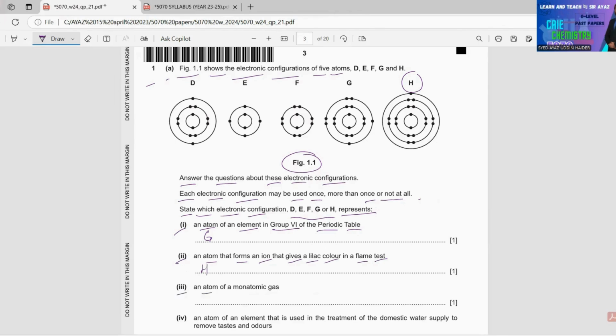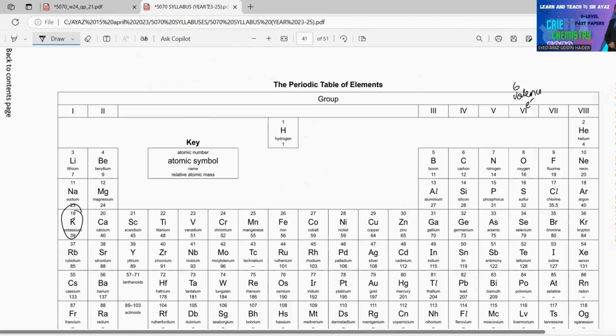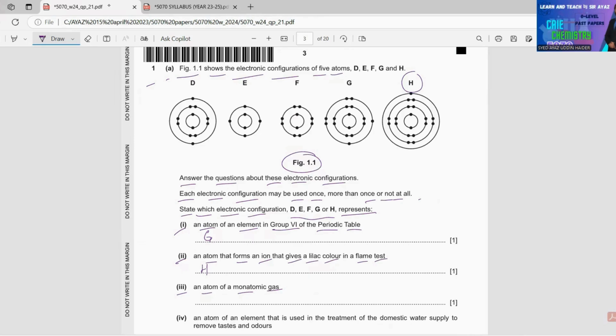Number 3, an atom of a monatomic gas. So group 8 elements all exist as monatomic gases. The proton numbers are 2, 10, 18, 36. So any one of these, 2, 10, 18, or even 36.